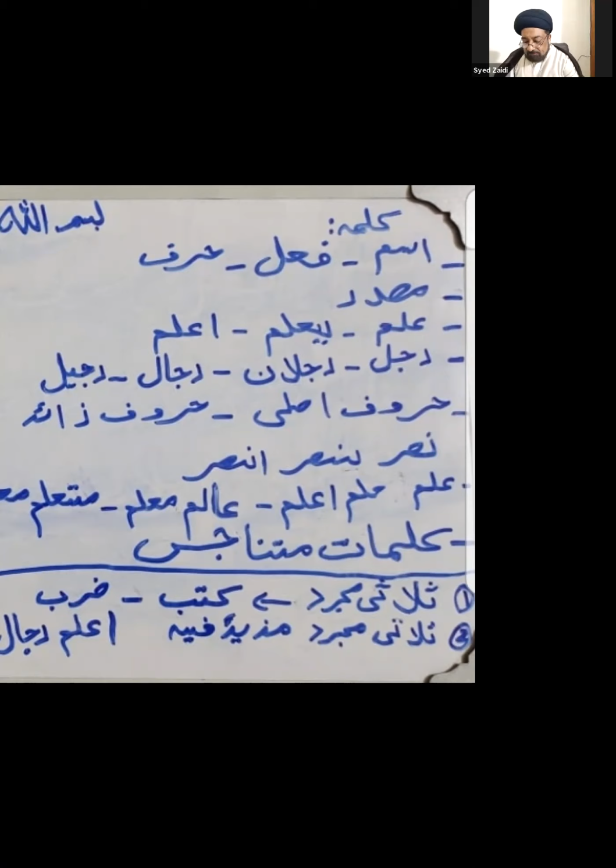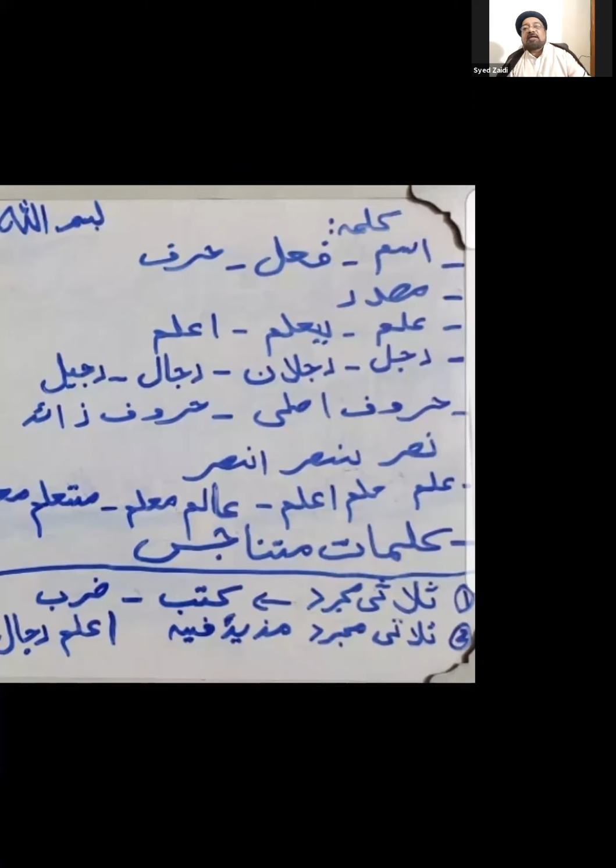Now, if you put all of these words that belong to the same family together and pick all of the common letters from these similar words, those common letters are called huruf asli.